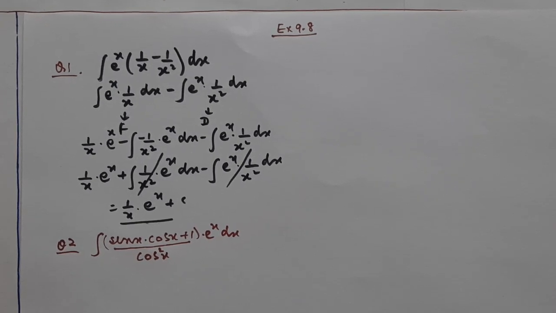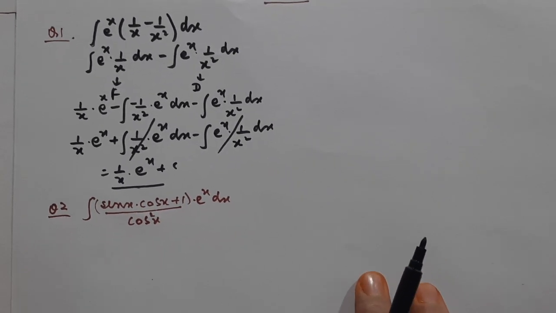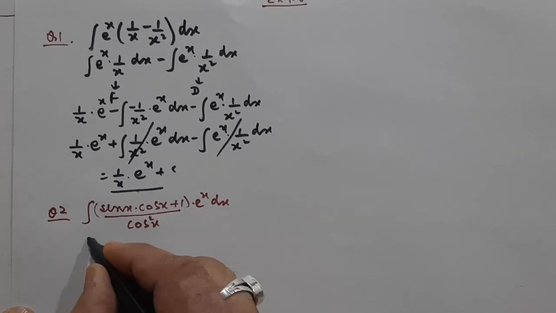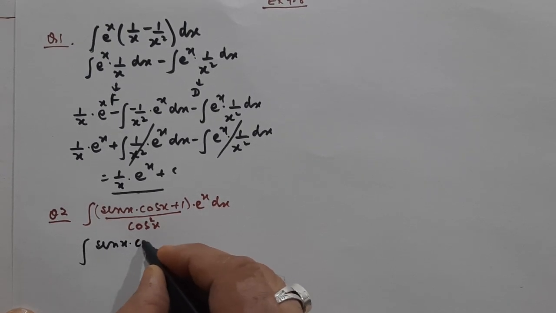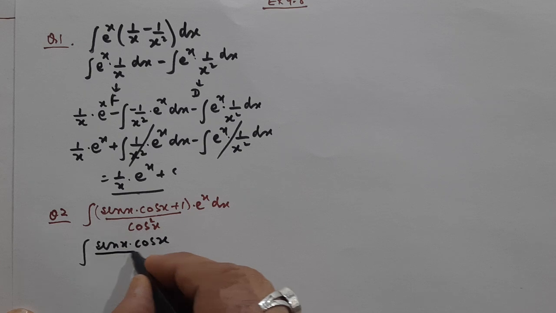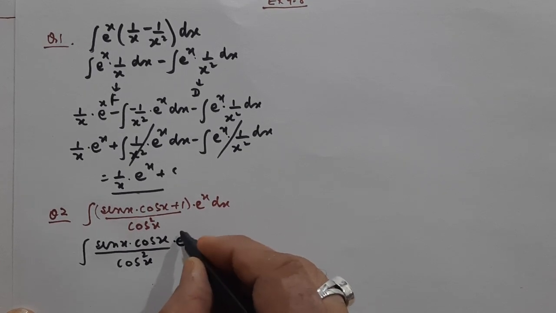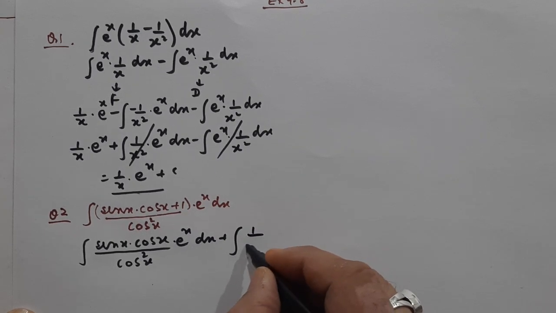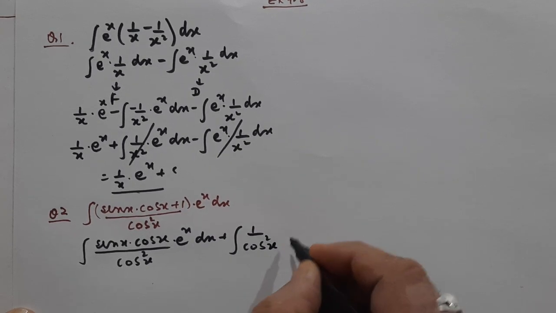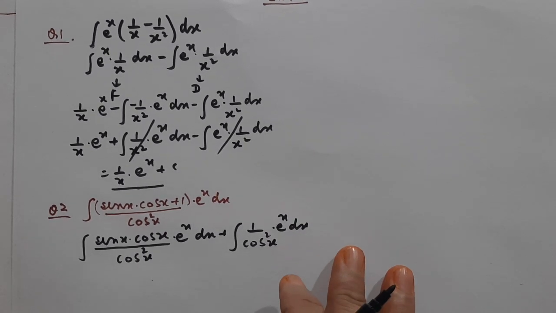So students, moving in the same way, first we separate. So sin x into cos x upon cos square x into e power x dx plus 1 upon cos square x into e power x dx, like this.